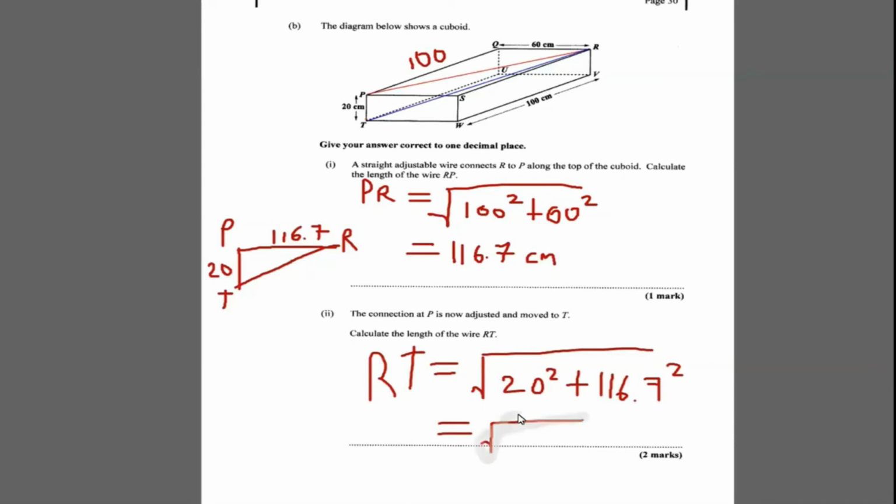You work that out: 20 squared plus 116.7 squared, and you square root it. That's 118.4, and that's in centimeters. That's RT.